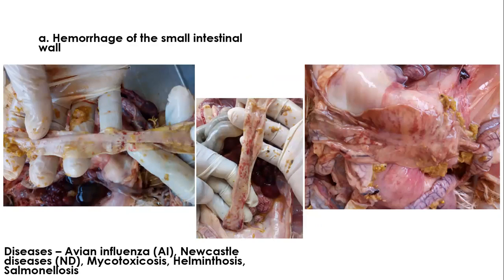You can see it in avian influenza, Newcastle disease, mycotoxicosis, helminthosis, especially roundworm, and then in salmonellosis too. So these are the diseases where you can see the view that we have just seen.